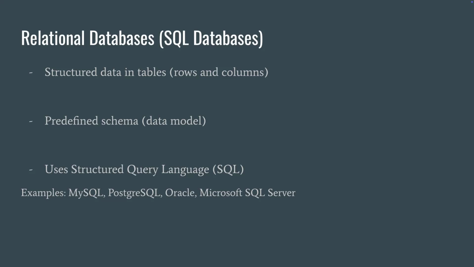Oracle database is popular in large enterprises, and Microsoft SQL Server is popular because it is often integrated with other Microsoft products. Although there is a recent rise of alternative database models, relational databases continue to be favored for applications that require strict consistency and well-defined data relationships.